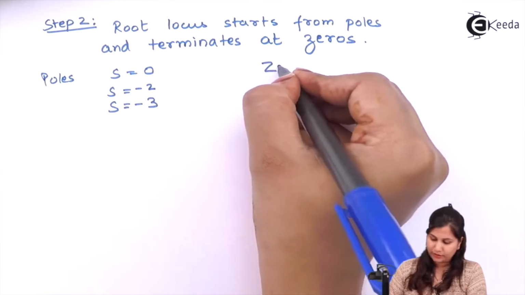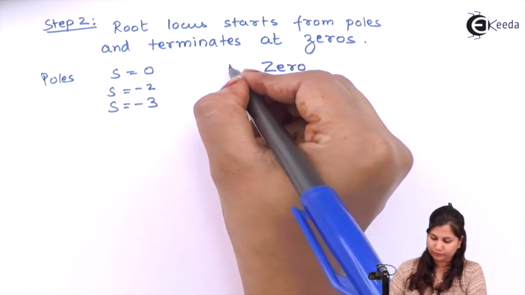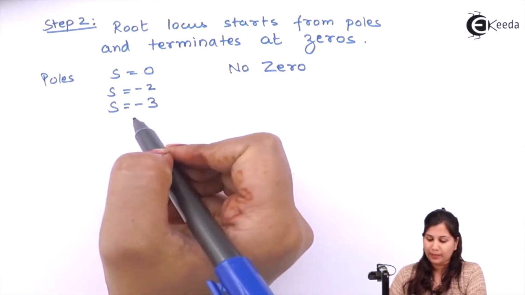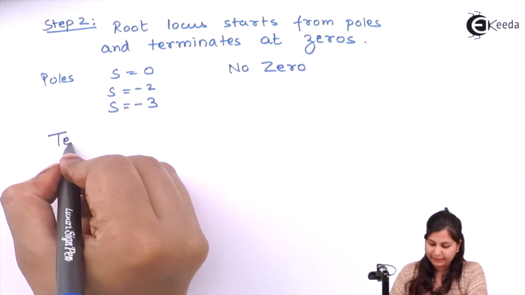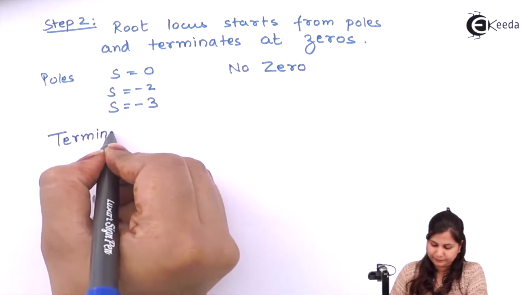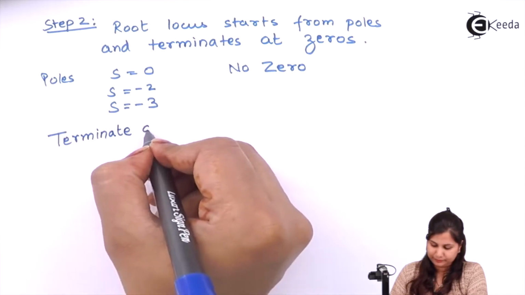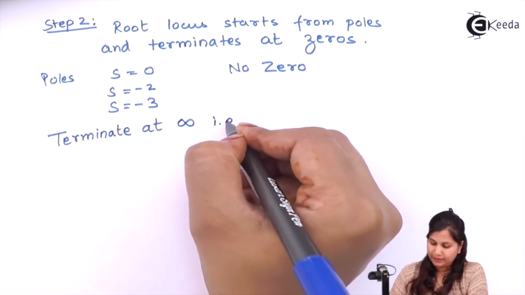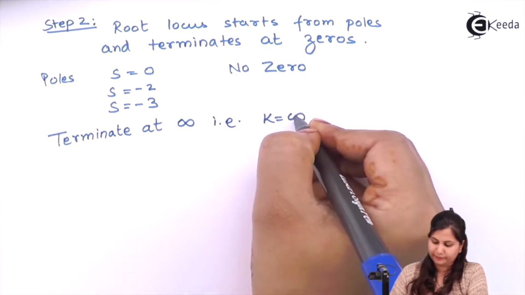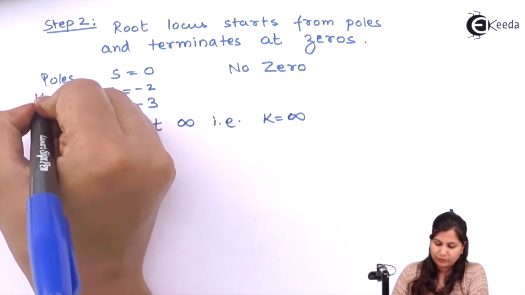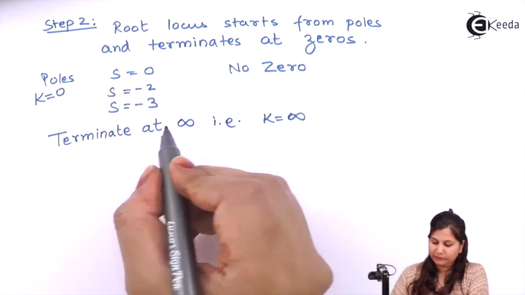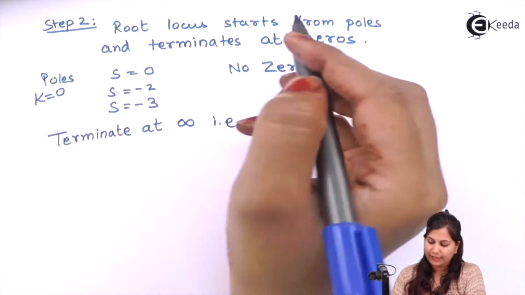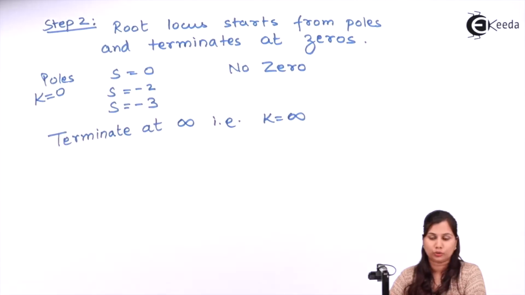And zeros, we are not having any zero. So the root locus will start from the poles but it will terminate here at infinity. That is, it will start from K equals 0 and terminate at K equals infinity. So this is the starting and the ending point of the root locus.